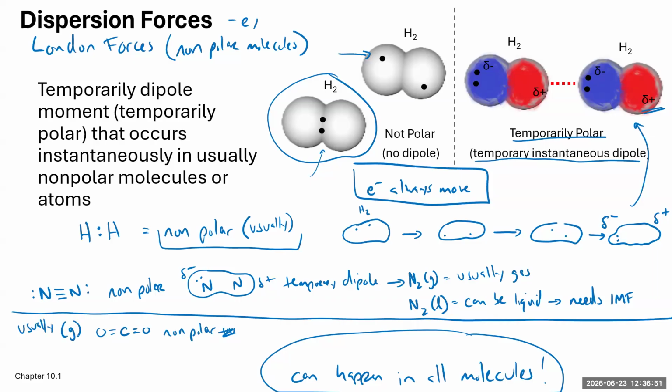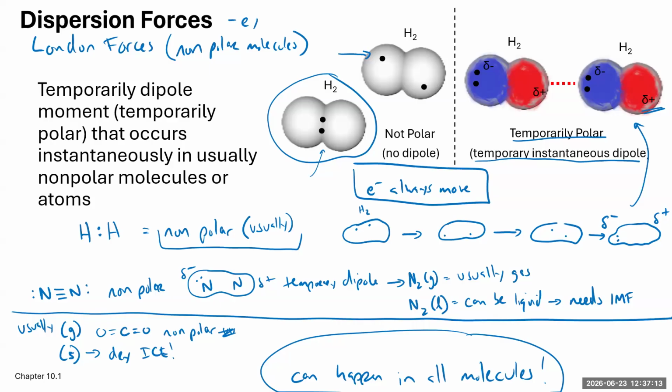Usually gas, but we do have solid. That's dry ice. So that means if we have a solid of something, those things can have intermolecular forces, because those molecules are being held together by something, right?